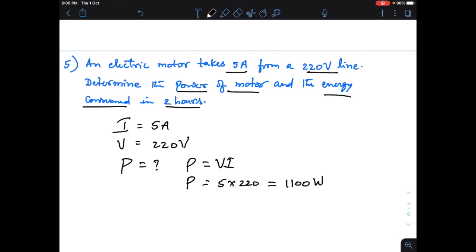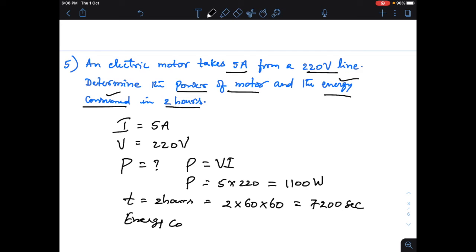So 1100 watt. Now time is given, 2 hours. So convert these 2 hours into seconds. That is 2 into 60 minutes and then 60 seconds, that is equal to 7200 seconds. Now you also need to calculate the energy consumed.